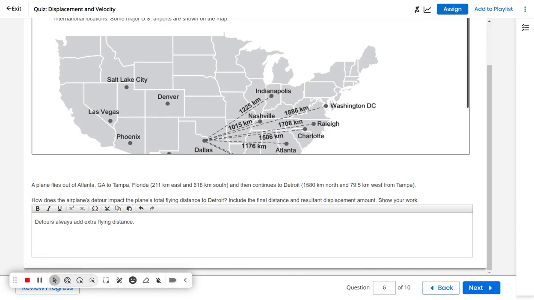With that, they could be looked at as vectors. So let's find the final distance. To find the final distance, I'm going to do the Pythagorean theorem with the 211 and 618.